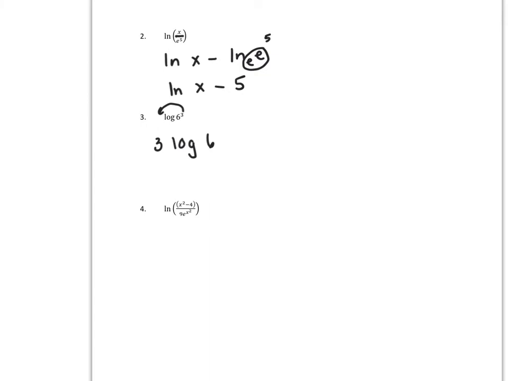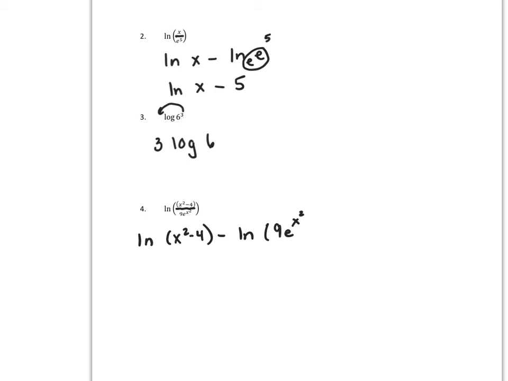Number 4, you have a quotient. It's ln of x squared minus 4 minus ln of 9e to the x squared. Is that right? Or is it a 3?